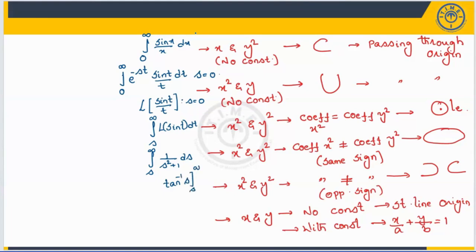Limits are from s to infinity, where the value of s is 0. Tan inverse infinity is pi by 2, minus tan inverse 0, which is 0. So the value of the integral is pi by 2. So without a double integral, the value of the integral of sin x by x is pi by 2. Is that clear, Srinivas?